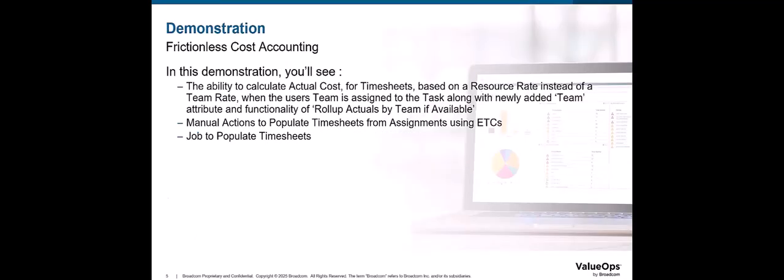As part of the demo, let us look at the ability to calculate actual cost for timesheets based on a resource rate instead of a team rate when the user's team is assigned to the task, a manual action that provides the ability for users to automatically populate timesheets based on assignments using ETCs, and a job to populate timesheets from ETCs.